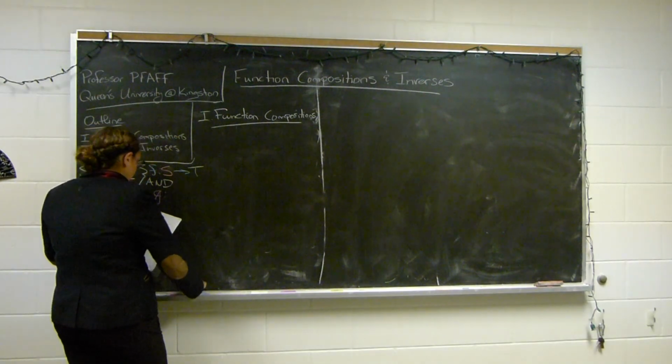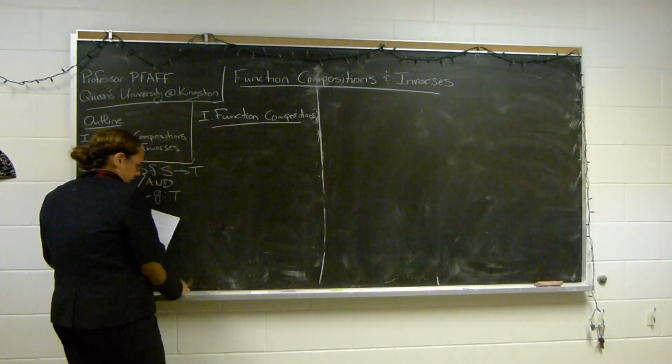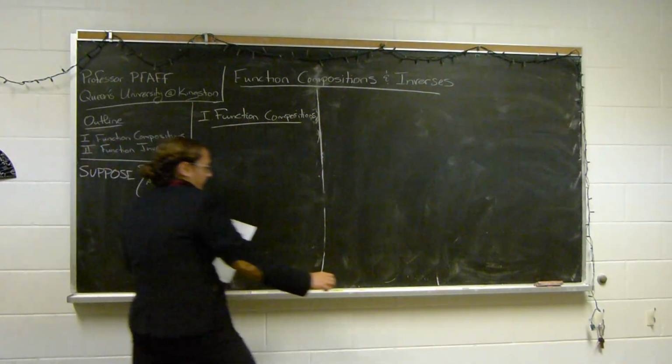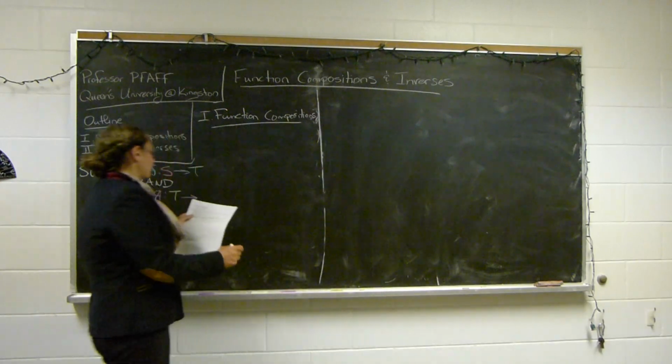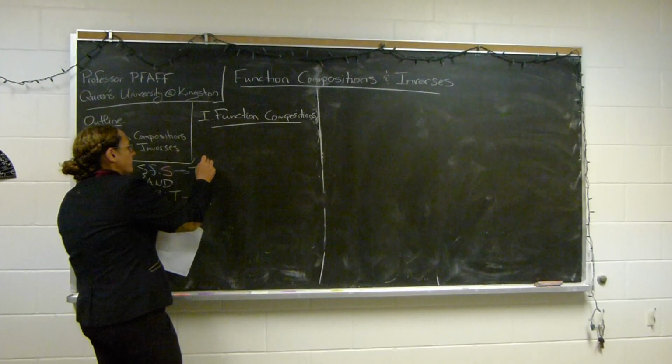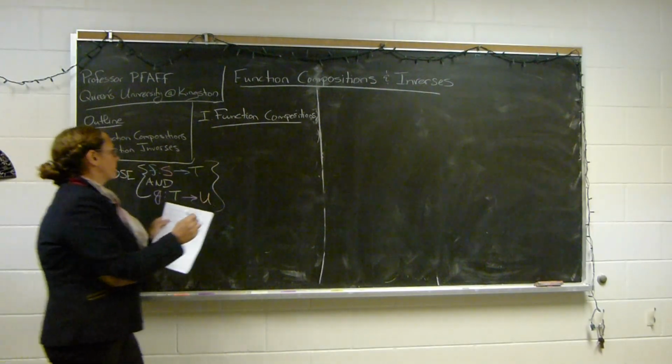And this one's going to start at T, so this is the same T as up there, and then it's going to go to a new set, let's say U. Okay, like this. So suppose that these are functions.